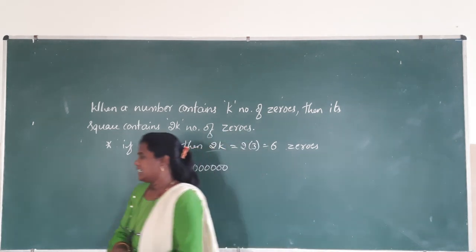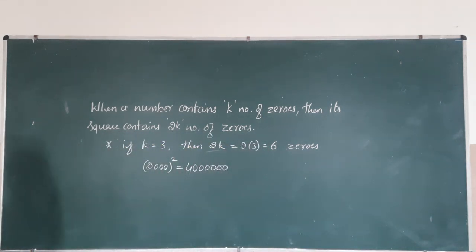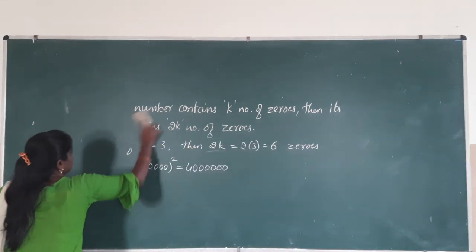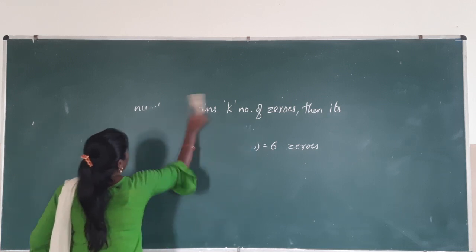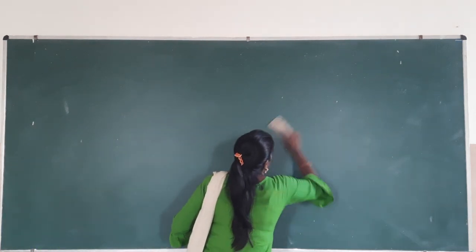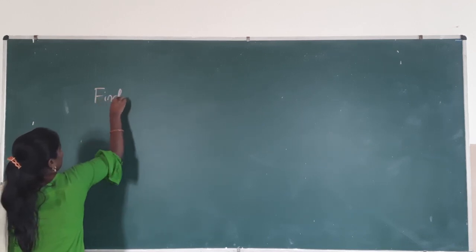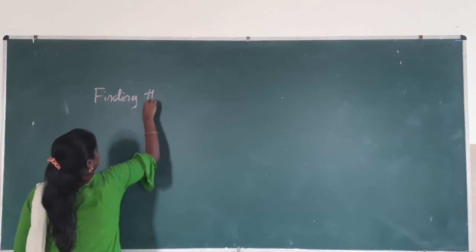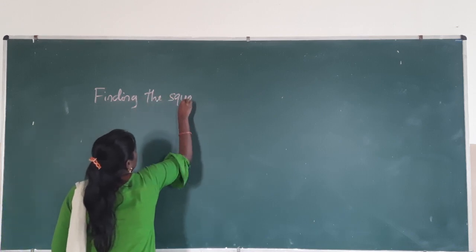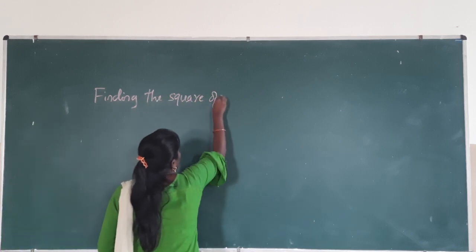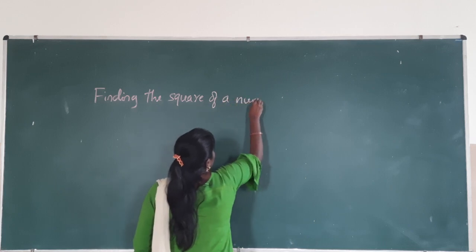Okay. Now, finding the square of a number. How to find the square of a number?